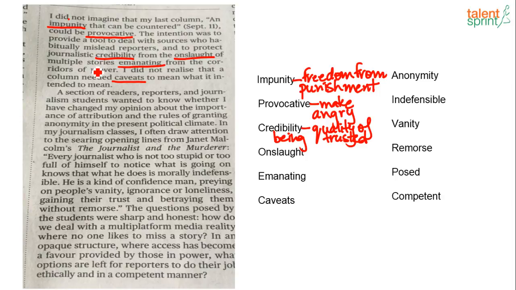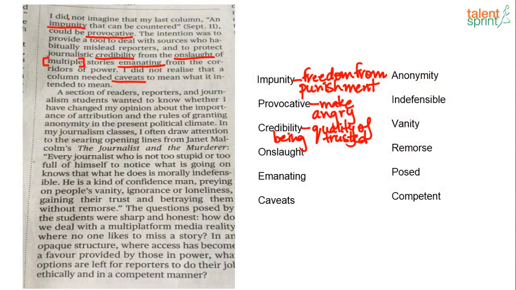Now guys, let's move ahead and look at the next word. "To protect journalistic credibility from the onslaught of multiple stories." Now, a big hint word here, guys, is multiple. What does multiple mean? Multiple means many. Like I had gone to the bookstore to buy one book, but I ended up buying multiple books, meaning many. So in the passage, onslaught of multiple stories means many stories.